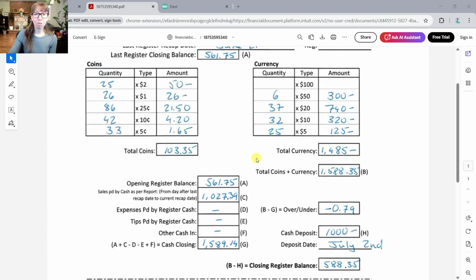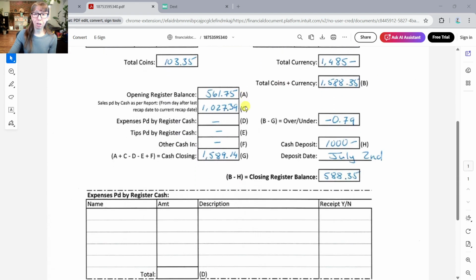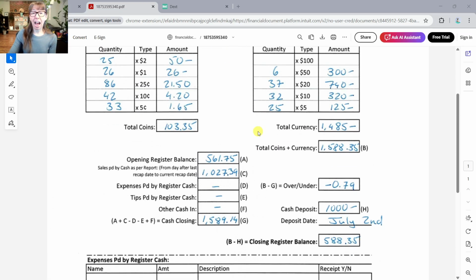So if we have had all of these register recap sheets for the month of June, and the over-under, we've entered all of those. We've entered all of the deposits into the bank correctly, all of the deposits into the register cash outside of the Shopify sales report correctly. And if we've got all of the receipts in, then our general ledger account for register cash should show on June 30th, $1,588.35.